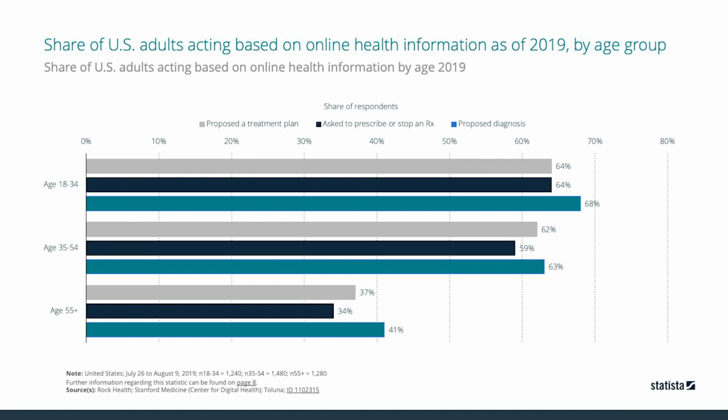These different charts show how likely a person in a particular age range, having found information online, is willing to ask their doctor, hey, I found this, I'd like you to do this. Which is unusual, unprecedented in medical treatment historically.